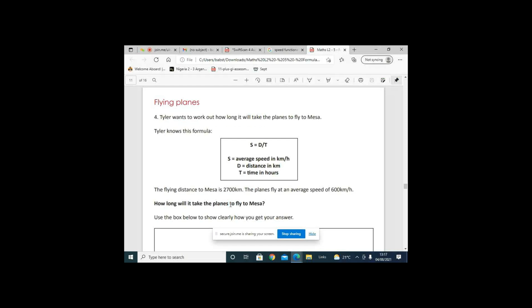Flying planes times. Tyler wants to work out how long it will take to fly to Mesa. Tyler looks at this formula. This is the speed. The flying distance to Mesa is 2,700 kilometers. The plane flies at an average speed of 600 kilometers per hour. How long do you think it's going to take for the plane to fly? Can you do this question, please, Lydia? Try it. If you can't do it, I will just come and do it straight away.